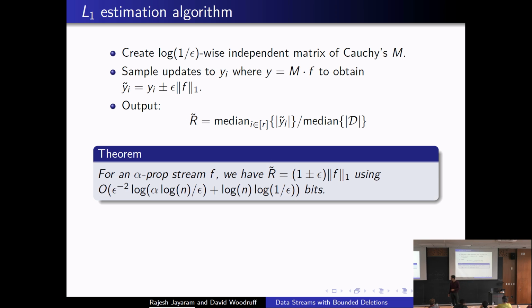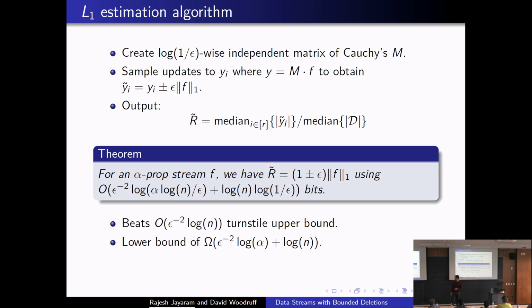But what we have done is we've separated the dependency on epsilon and log n, more or less linearly, as linear terms. And this beats the lower bound, which is 1 over epsilon squared times log n for general turnstile streams. And we also have a matching lower bound, up to log 1 over epsilon terms, for alpha property streams.